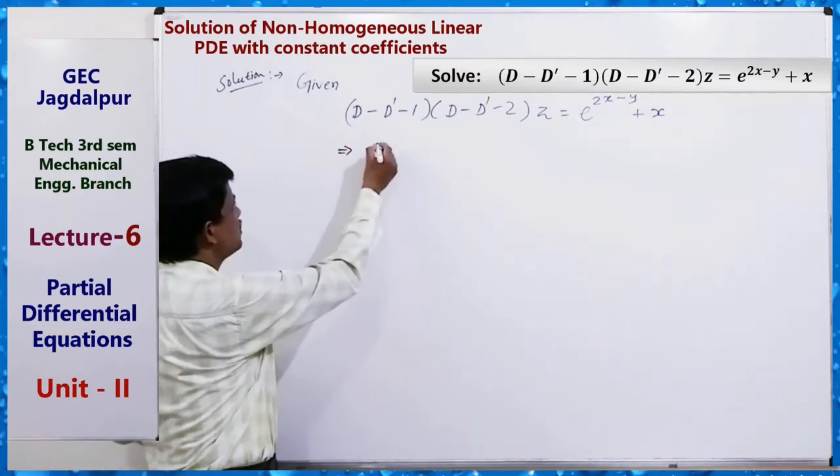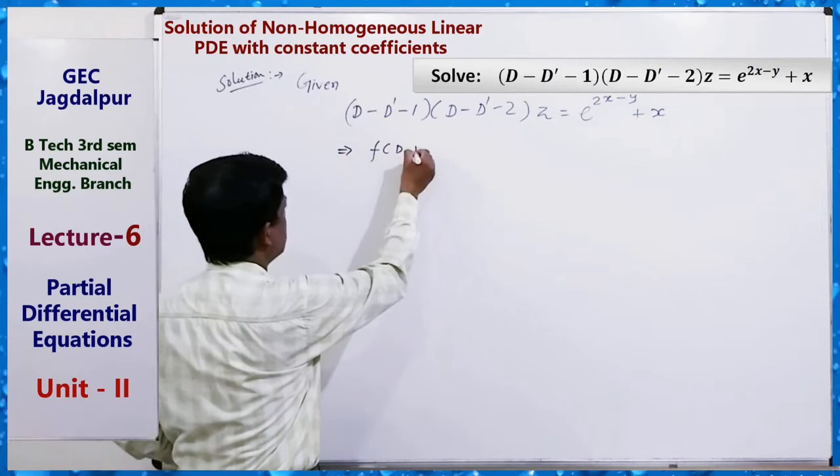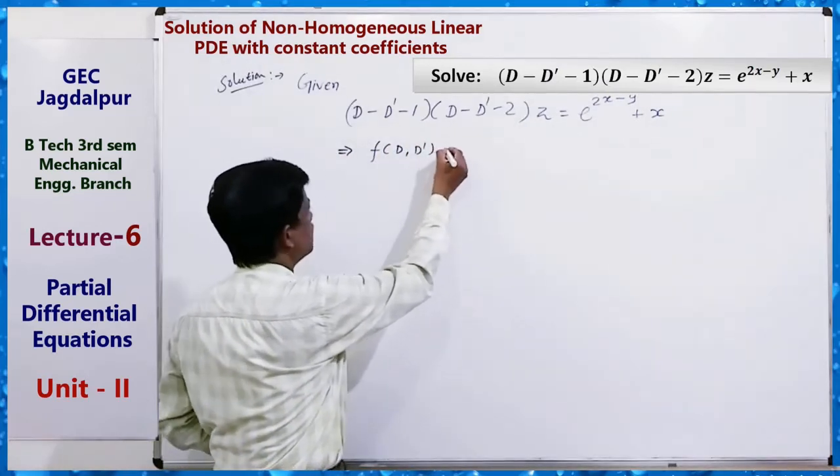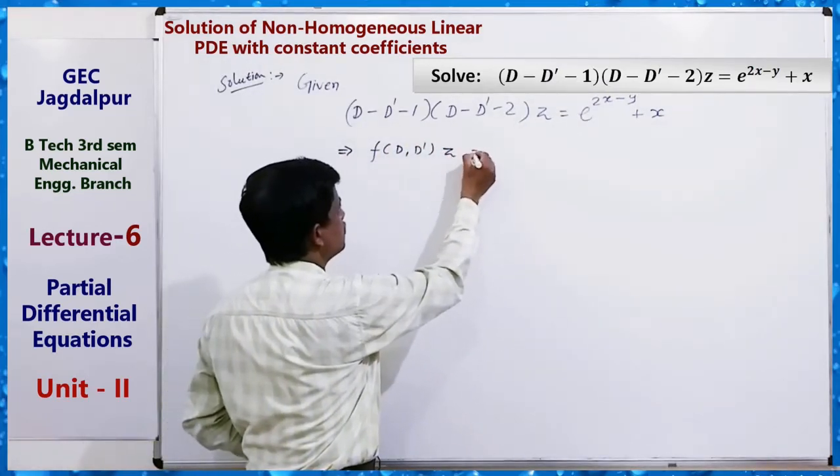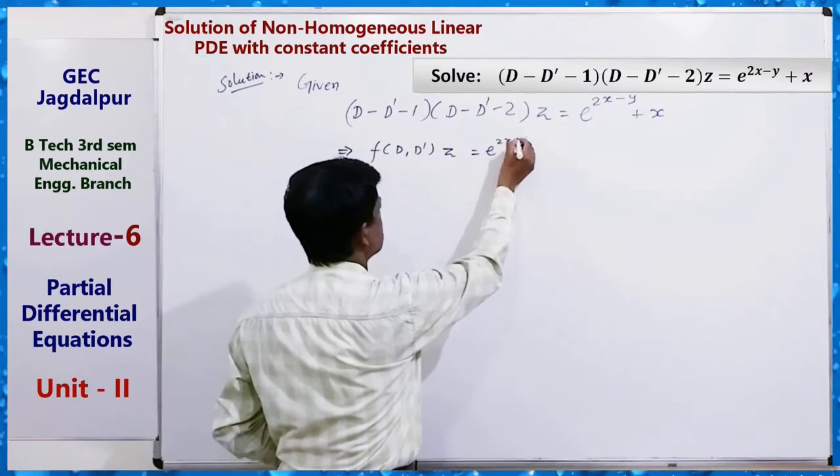This is the given equation, so f(D, D') z equals e to the power 2x minus y plus x.